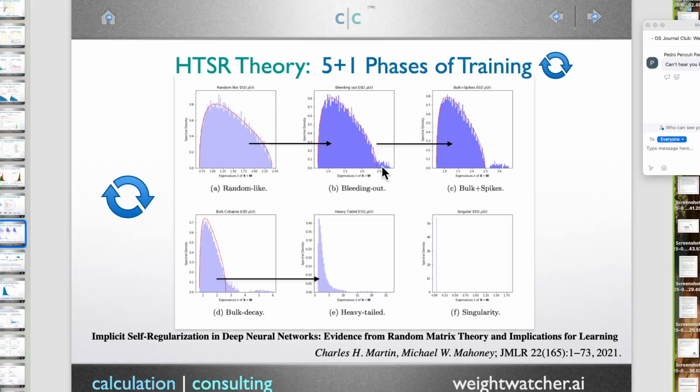Very quickly, you begin to see spikes pulling out, but the model is still described mostly by the bulk. The correlations are just starting to concentrate in the tail. You get this bulk plus spike region where they separate out from the tail. Then the tail itself starts to decay, and you end up with a heavy tail distribution.